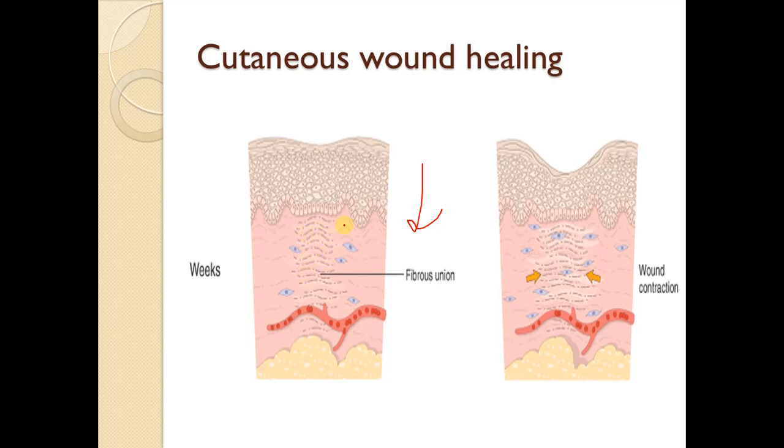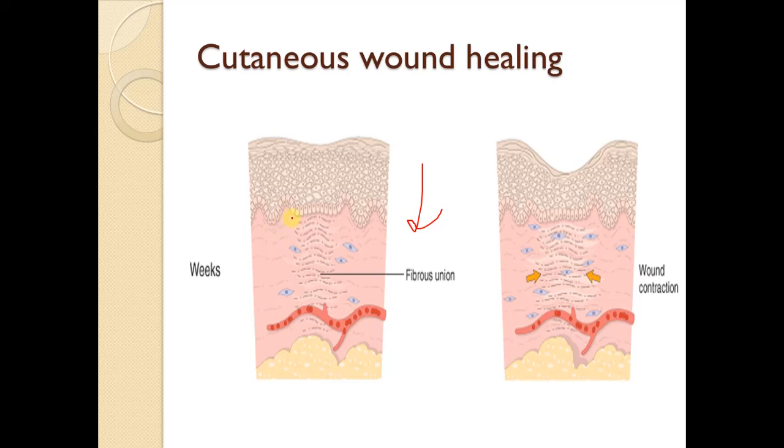These are the collagen fibers which have now started to repair or bridge this gap. And here you can see similarly many fibroblasts laying down a lot of collagen fibers, and they will now bridge this gap.